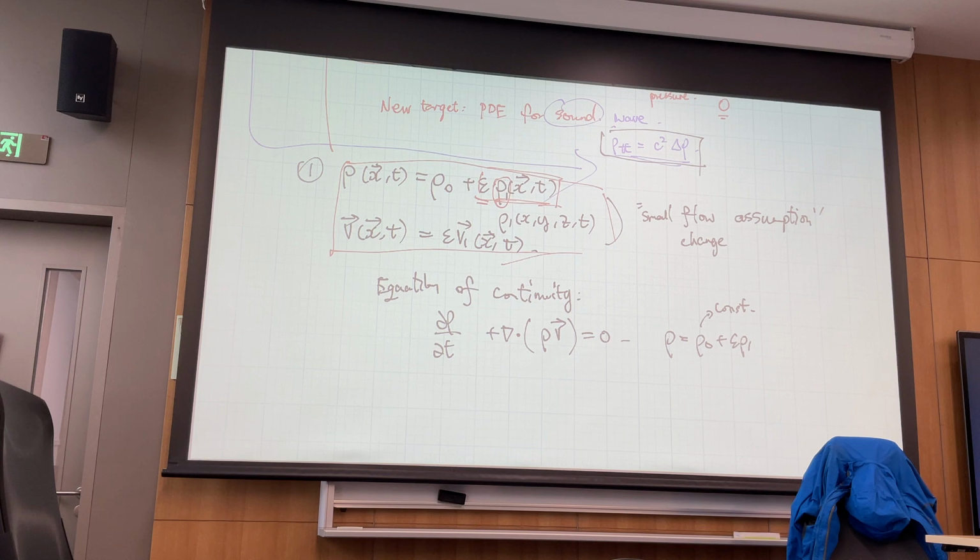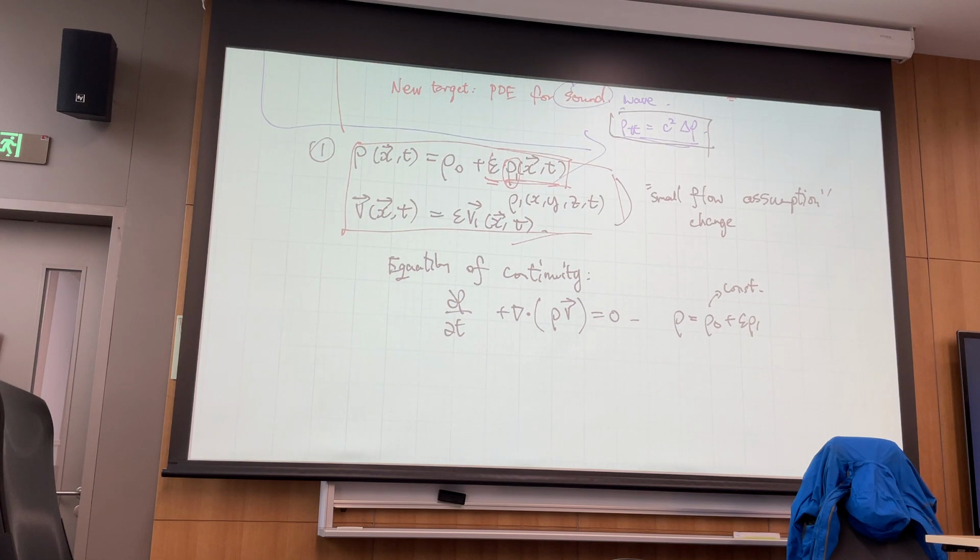So what do I get if I put these two terms into this equation? What's happening to partial rho partial t? It is going to be partial of rho 0 plus epsilon rho 1, partial t.